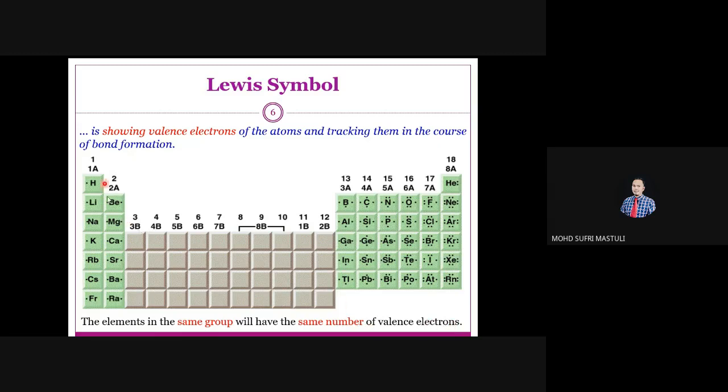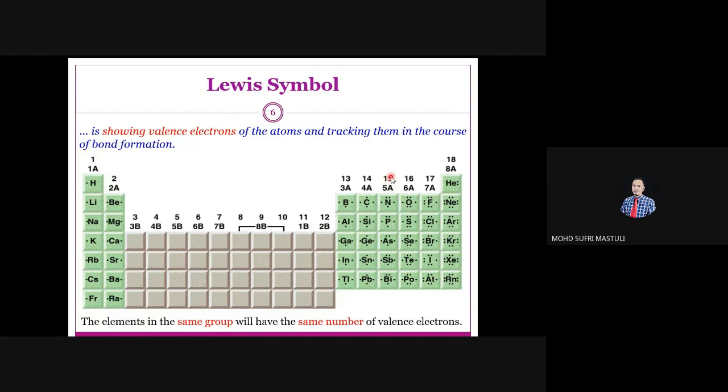For example, group number 1, from hydrogen up to Fr, only has 1 valence electron because it's group 1. If group 2, they have 2 valence electrons. Group 3, they have 3 valence electrons, and so on and so forth.